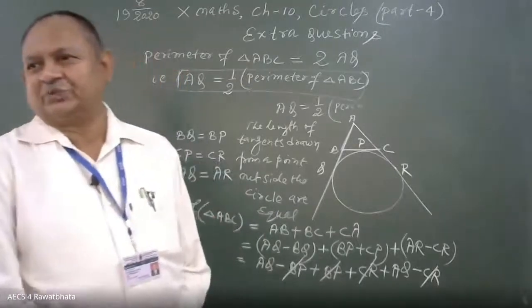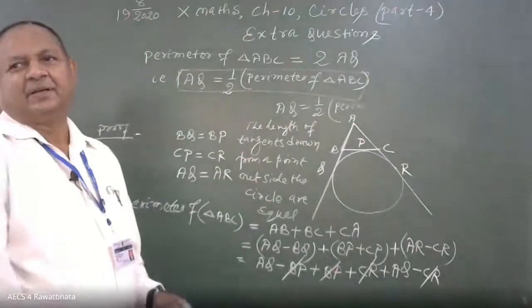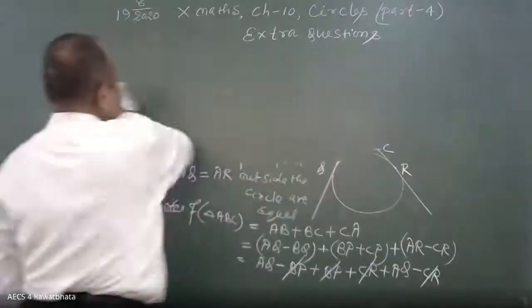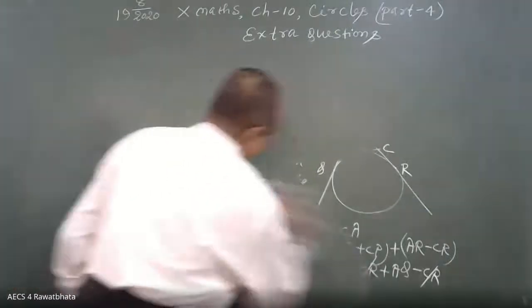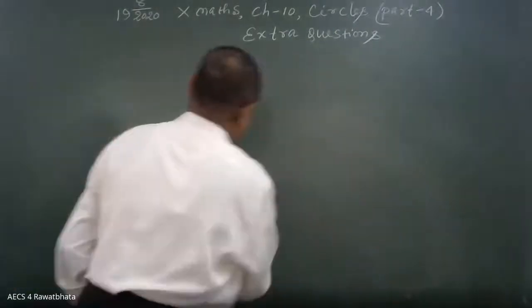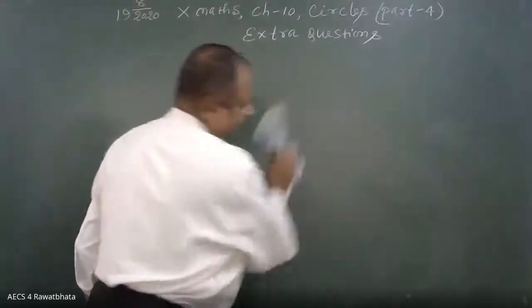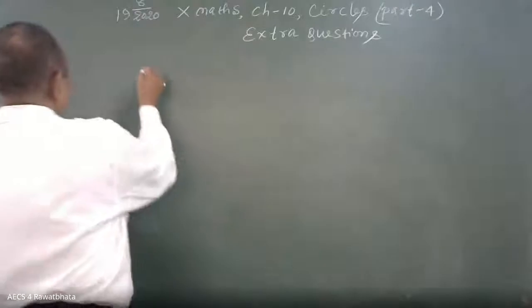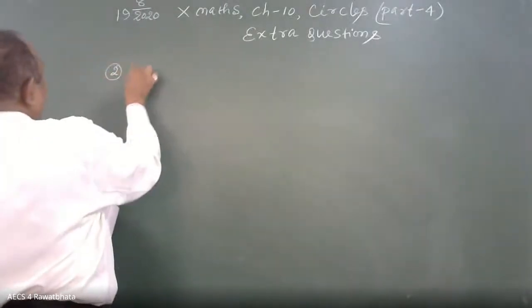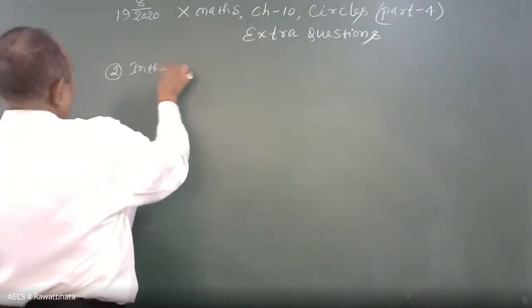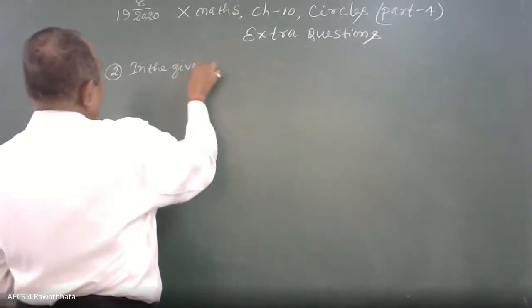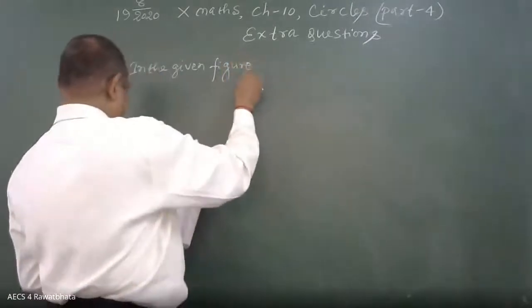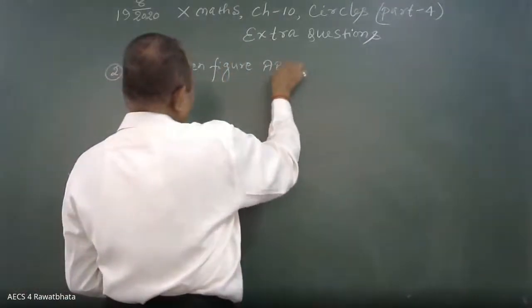Now second question. Note down the question also. In the given figure, AB is equal to AC.